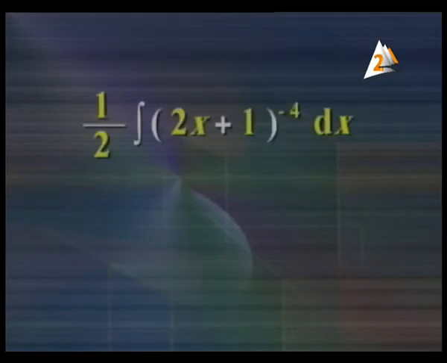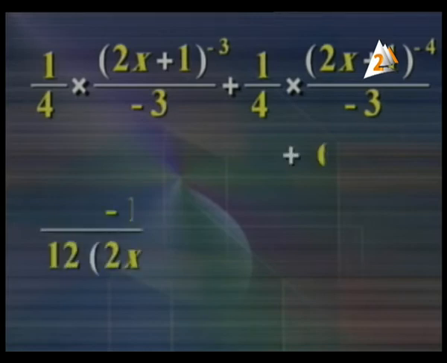Then the integration of 2x plus 1 to the power negative 4 multiplied by half, plus half multiplied by the integration of the bracket containing 2x plus 1 to the power negative 5 dx.